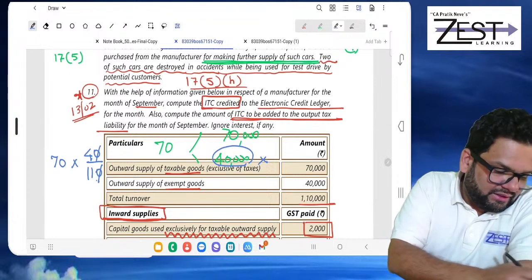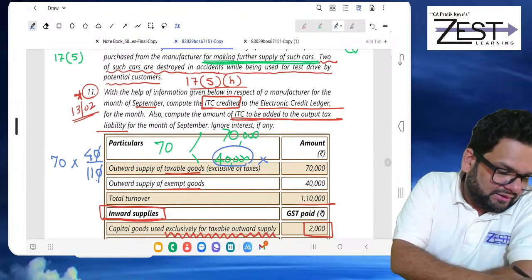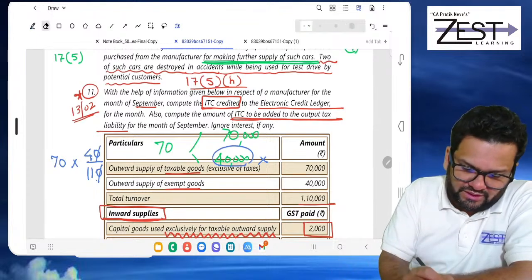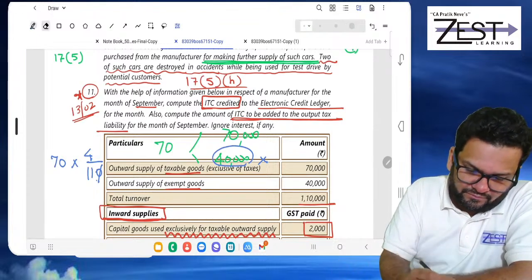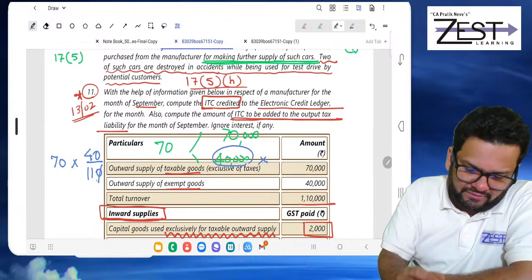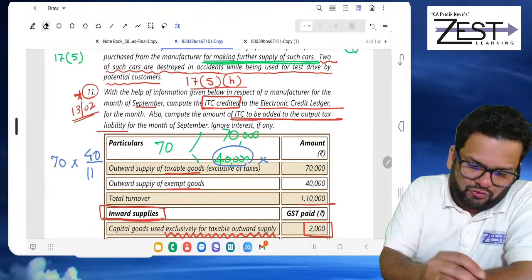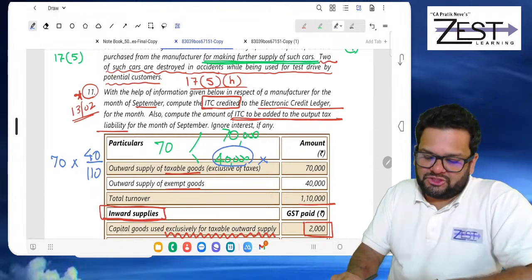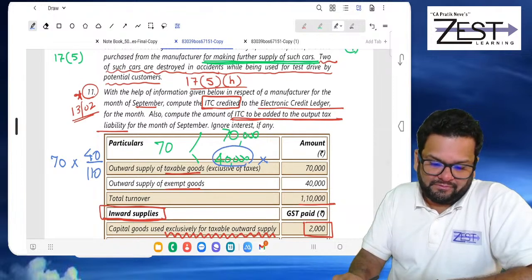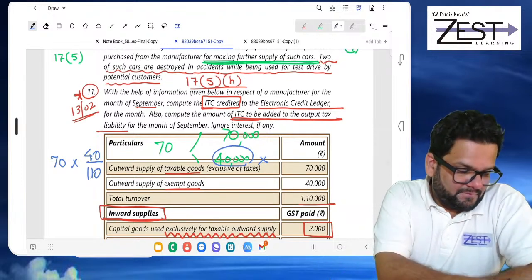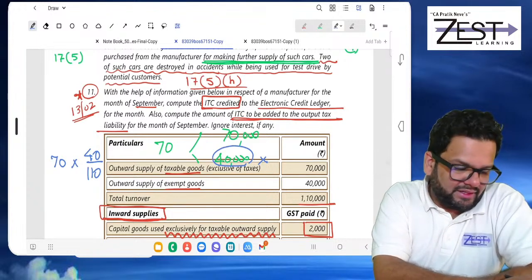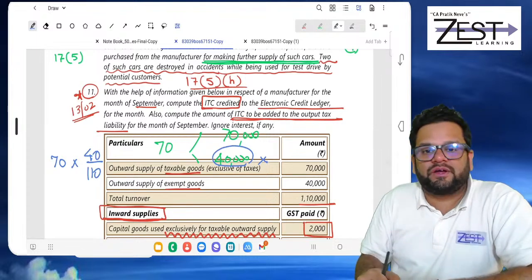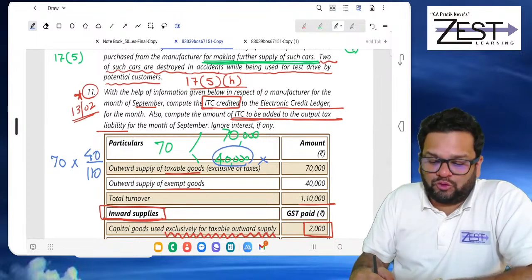Or you do 70 divided by 110 into 40. That is better. Can you tell me how much you are getting? 70 divided by 110 into 40. Are you getting 25.45? So 25.45 you are disallowed.